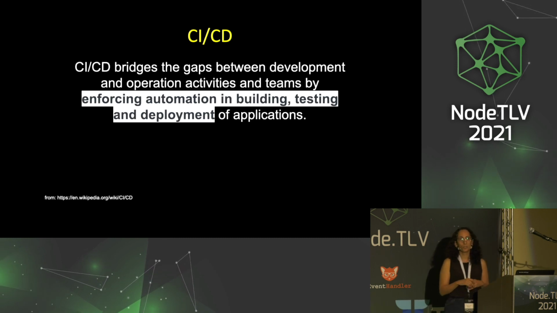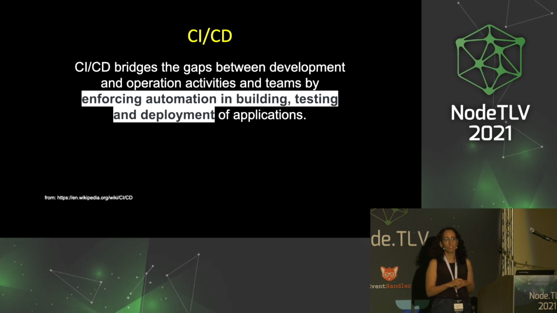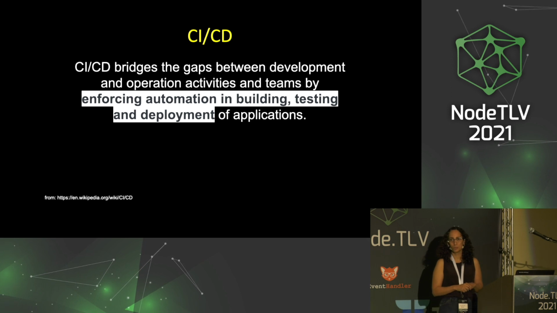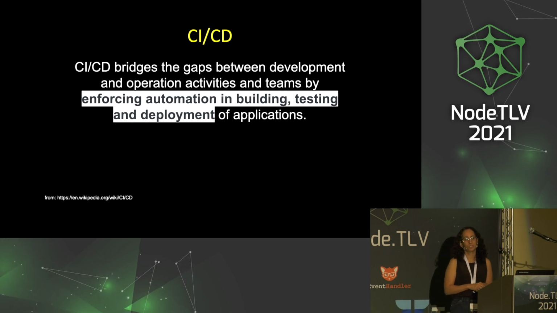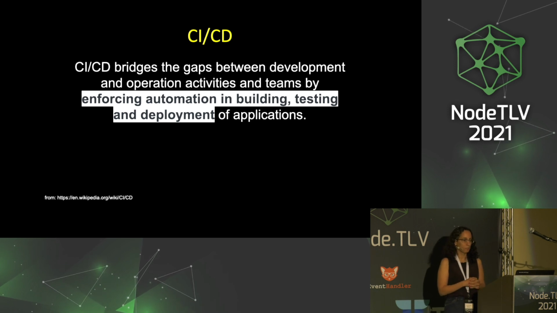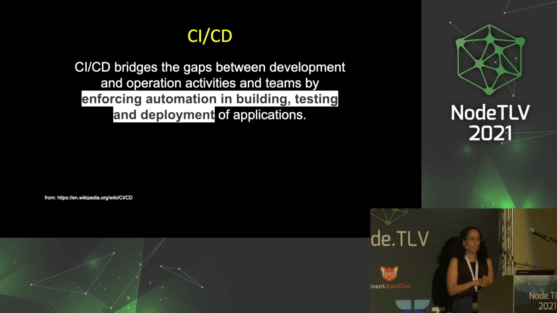And all of this is not possible without automation. We don't want to rely on any manual step during this process because we want to make sure it is working properly.